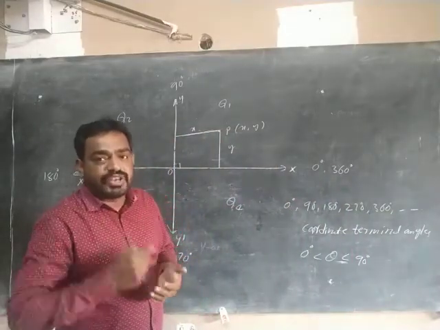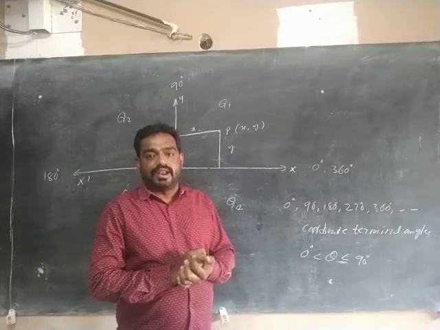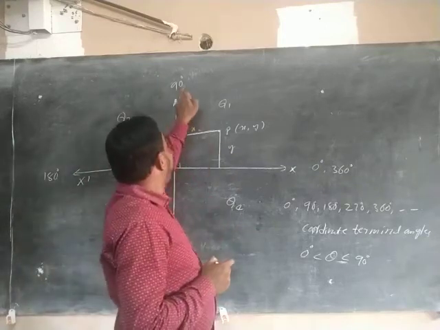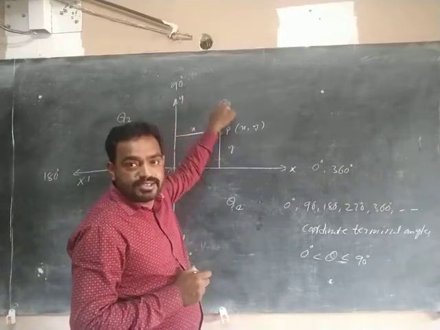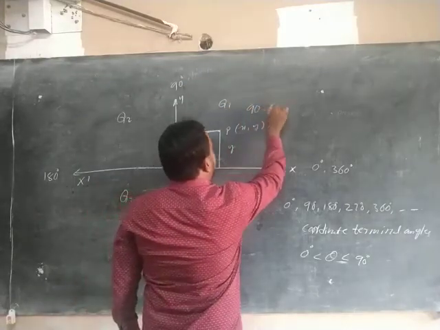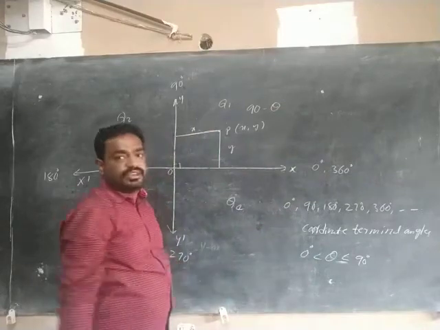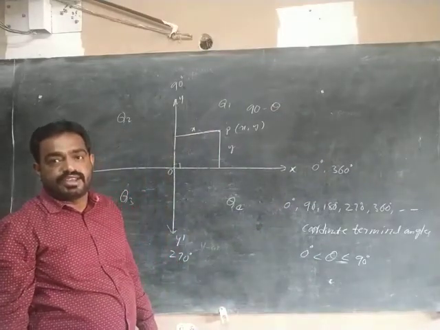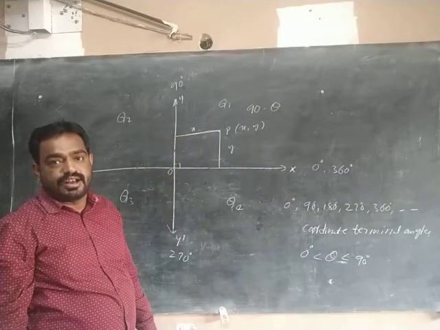Then 90 minus theta lies in which quadrant? You see here, this is 90 degrees; subtracting theta, we get the first quadrant. So the first quadrant angle is 90 minus theta.